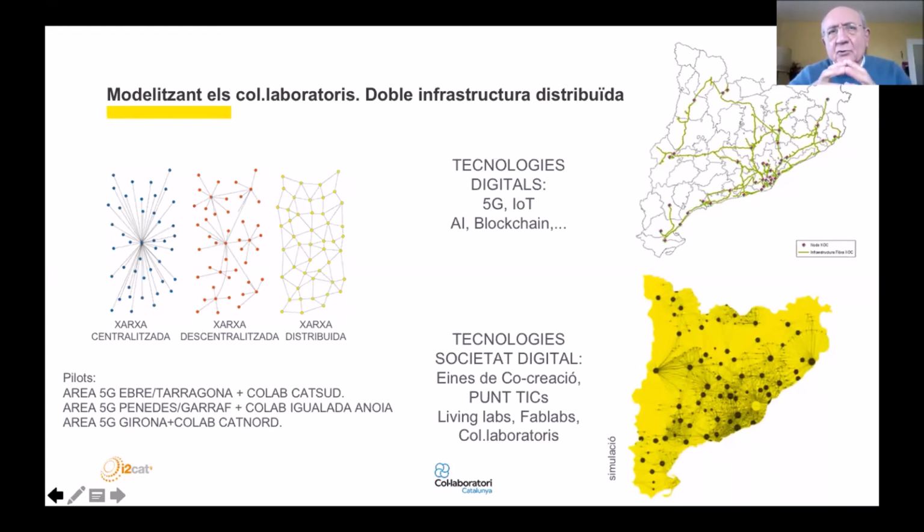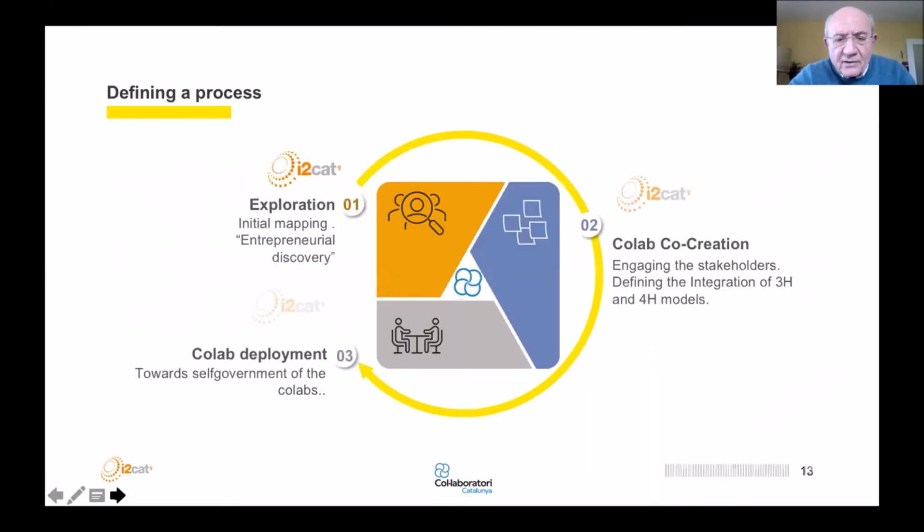And we explore this territorial distributed system, and I think it's a good experience because we are learning a lot from them. We are defining the process, exploration, the entrepreneurial discovery in the real innovation strategies, lab co-creation, engaging all the stakeholders with these 5 points of the protocol, and collab deployment, trying to set the basis of the self-governance of these collabs in the territory.